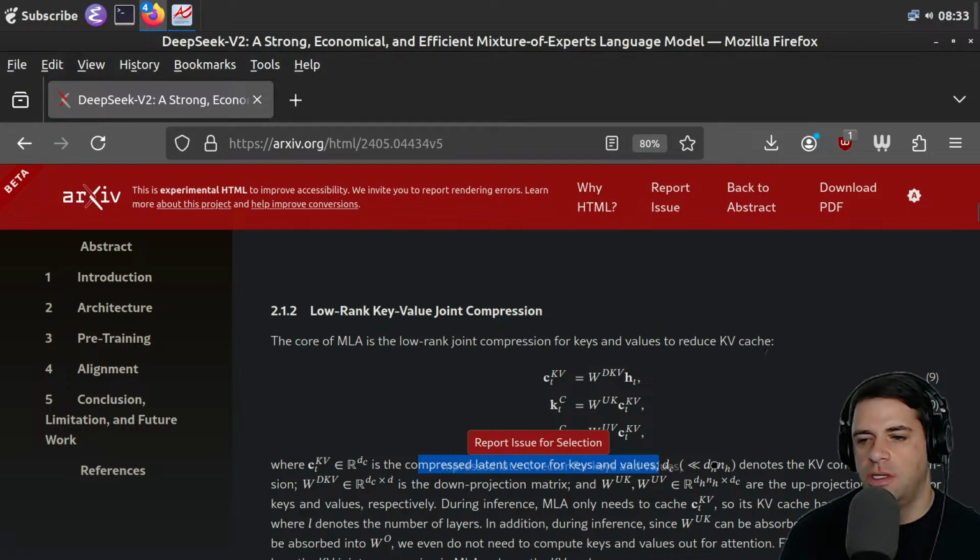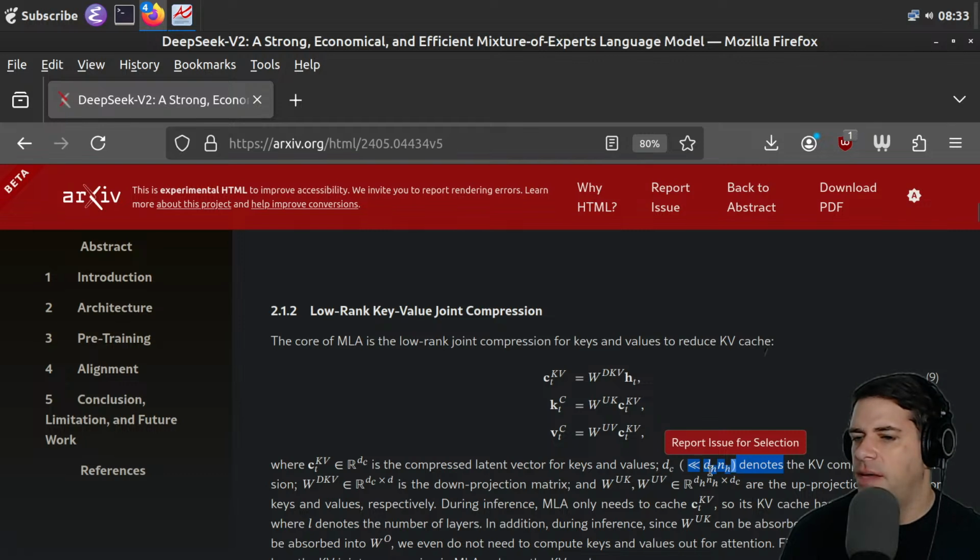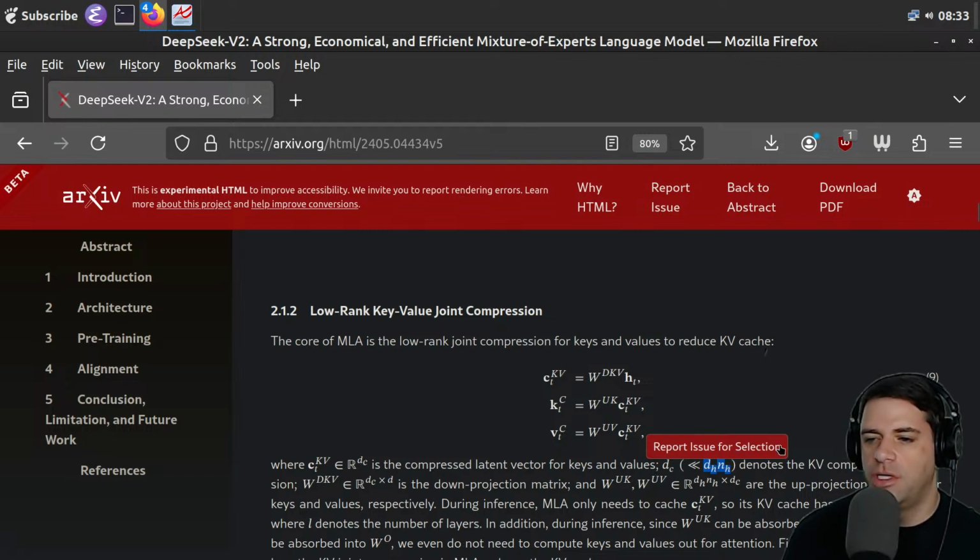This dimension is much smaller than the, I guess, number of heads times the dimension of the head. I'm not sure exactly that's what those stand for, but at any rate, the point is it's much less than what we would have with ordinary multi-head attention. And this denotes the KV compression dimension. And the point here is it's just much smaller.